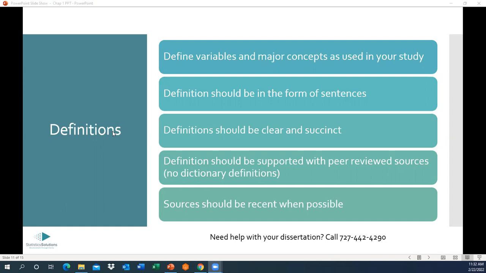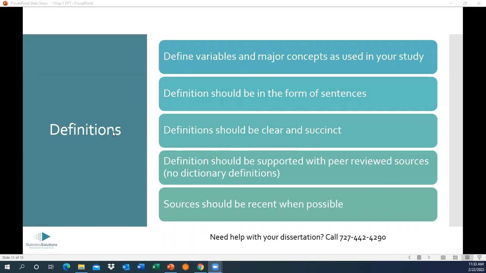And it's adequate, it's efficient just to stick with pretty straightforward language. Emotional intelligence for the purposes of this study will be defined as, or emotional intelligence refers to, just simple declarative sentences like that.